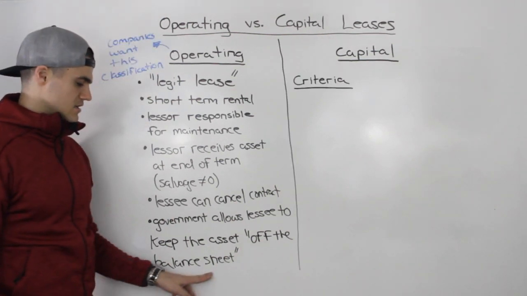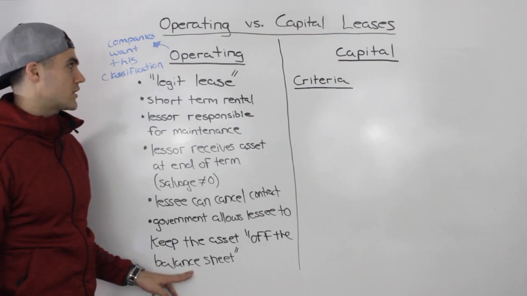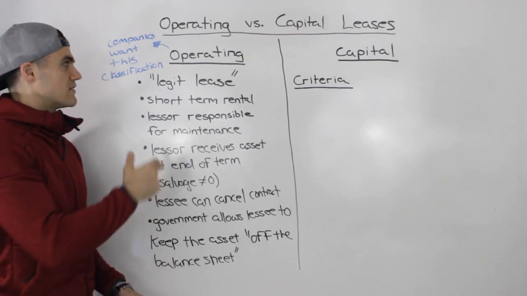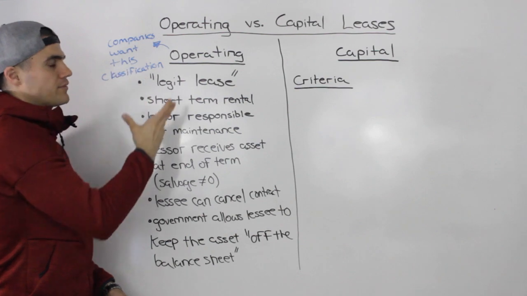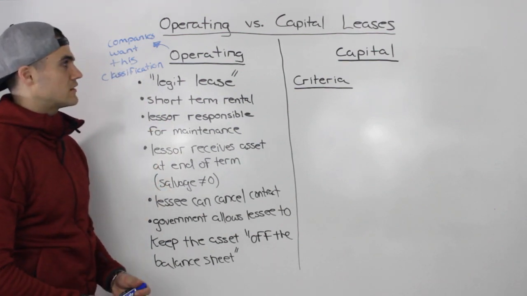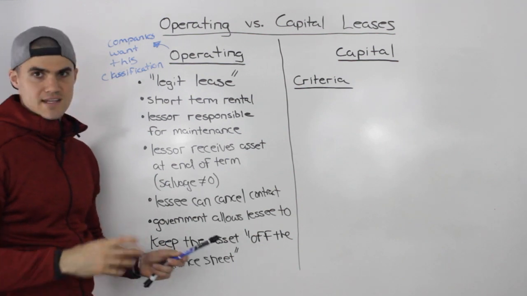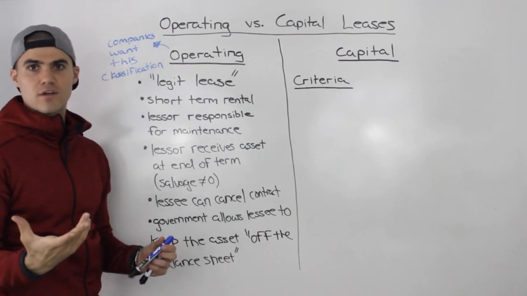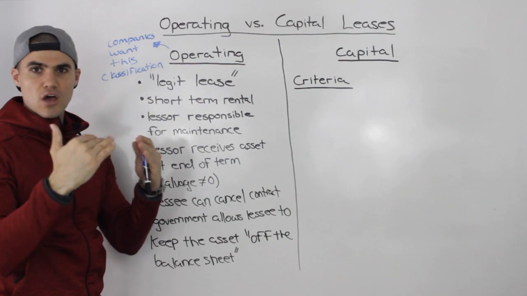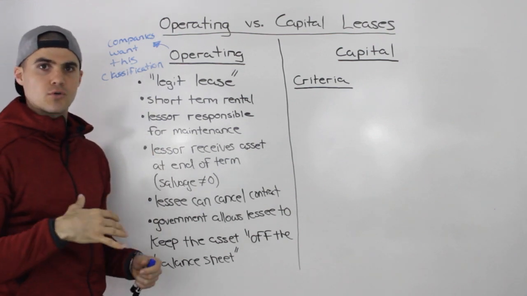And because of this off-balance sheet financing over here, companies want this classification. They want the government to classify their lease as an operating lease so that they can keep the asset and the corresponding debt off of their balance sheet and then keep those solvency ratios low, as we showed before.